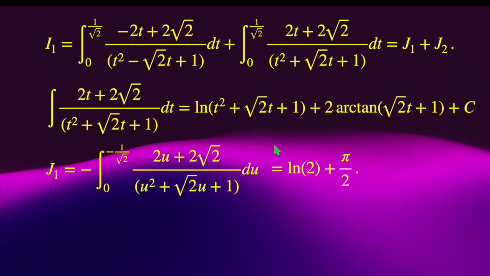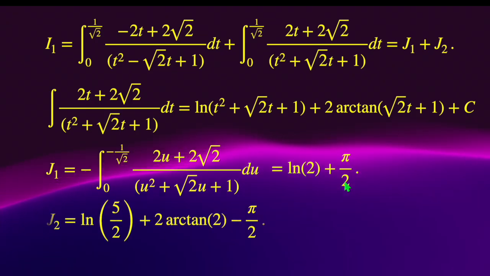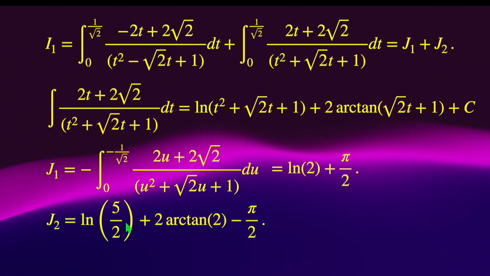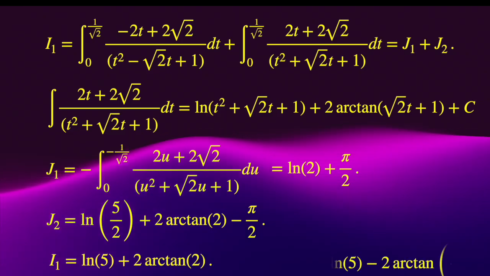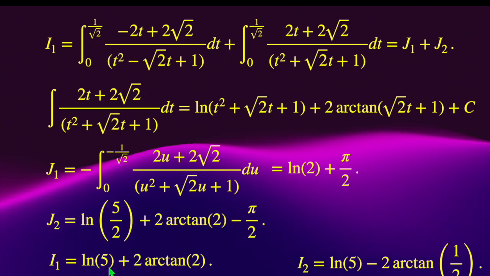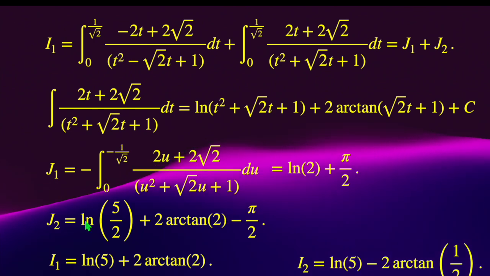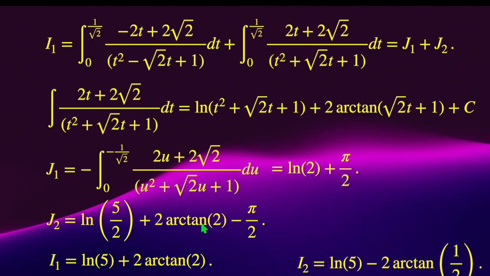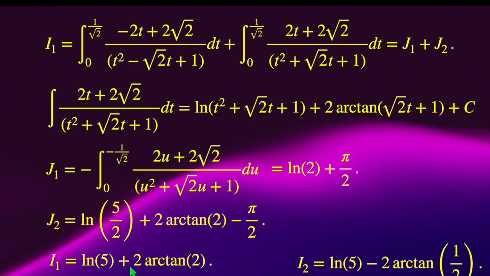We will see that it is equal to the logarithm of 2 plus pi over 2. And we do the same for G2, and we get this quantity. And now I1 will be equal to the logarithm of 5, because we have this, the logarithm of 2 will cancel here, and pi over 2 will cancel too, and we get this quantity.